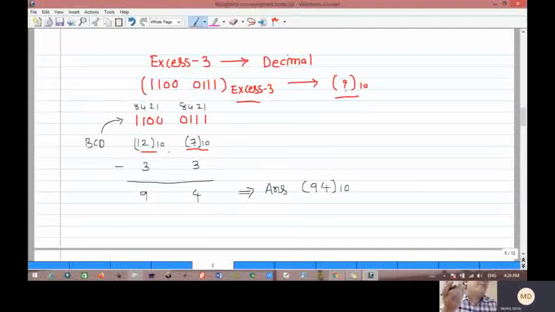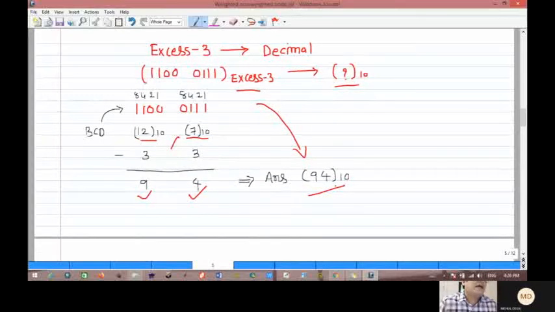Where from decimal to excess-3 we added 3, here we have to subtract 3. So 12 minus 3 is 9, and the other digit minus 3 gives its decimal value. So this is the code conversion from decimal to excess-3 as well as excess-3 to decimal.